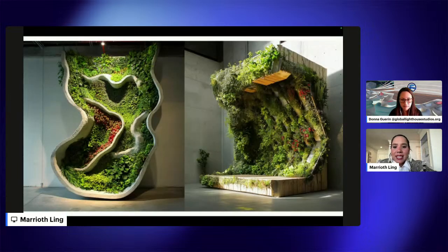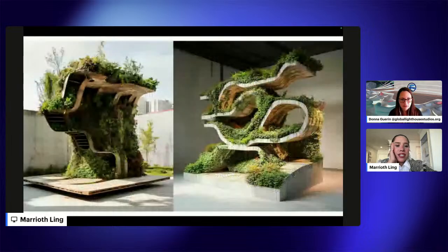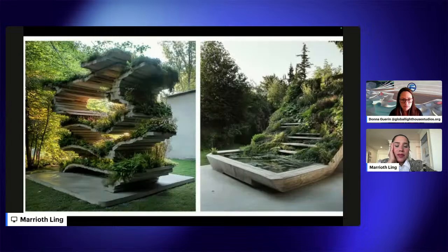So I created these images with artificial intelligence, like some examples of how you can make a sculpture and also a vertical garden. The first time I saw a vertical garden was many years ago, and I love them. So these are just some examples of how it could be, but it's just a dream.